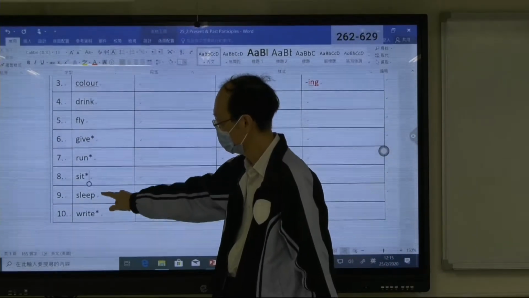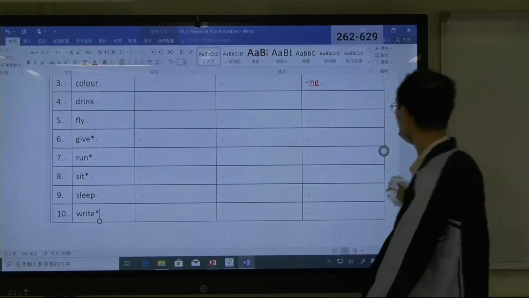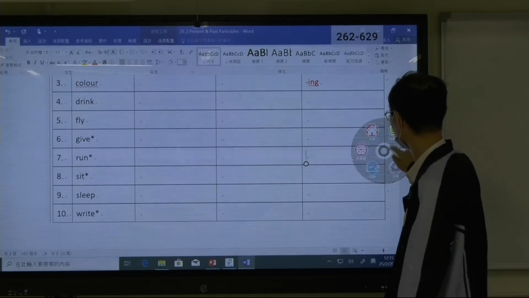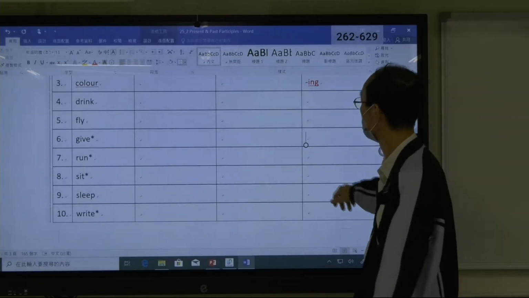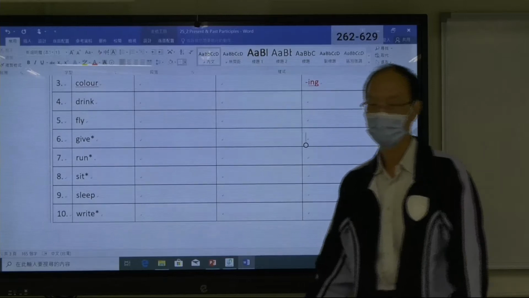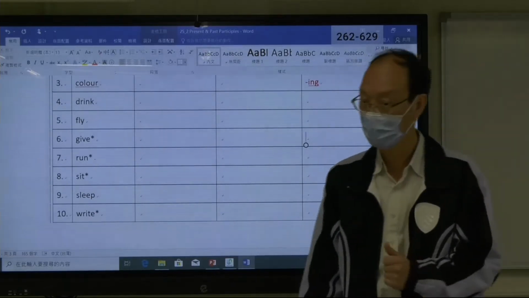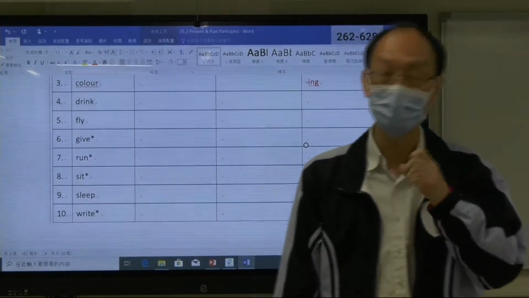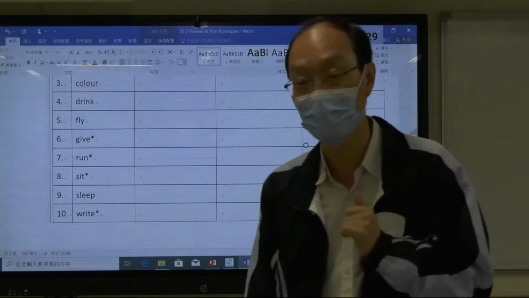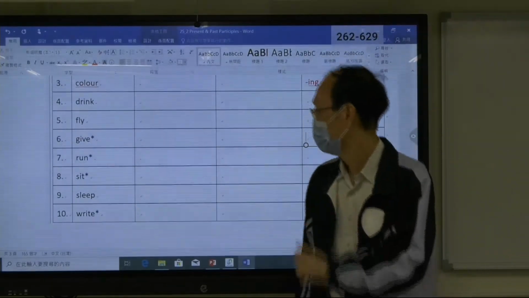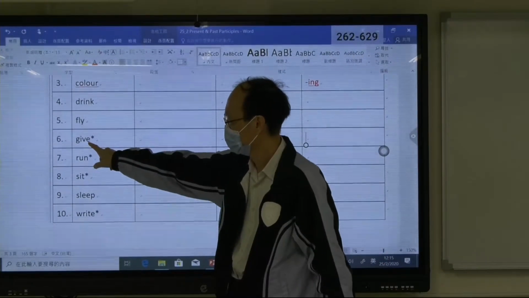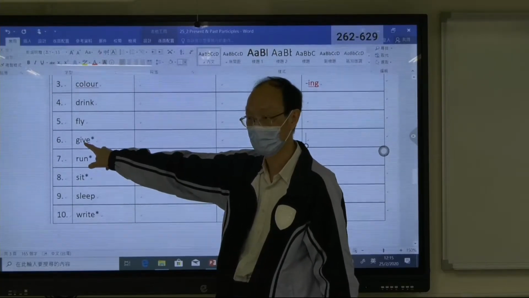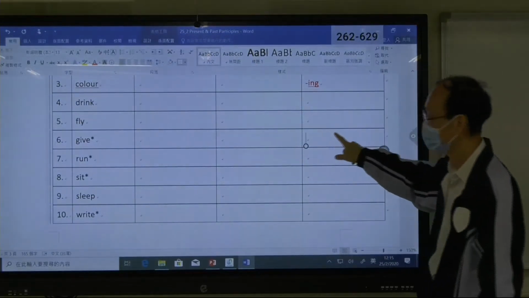Very easy. But right here, I put some special things. Let me see this one, give. Do you remember I said that sometimes, or maybe you have learned before, if we have a letter E here, what do we do? Do we just add ing?